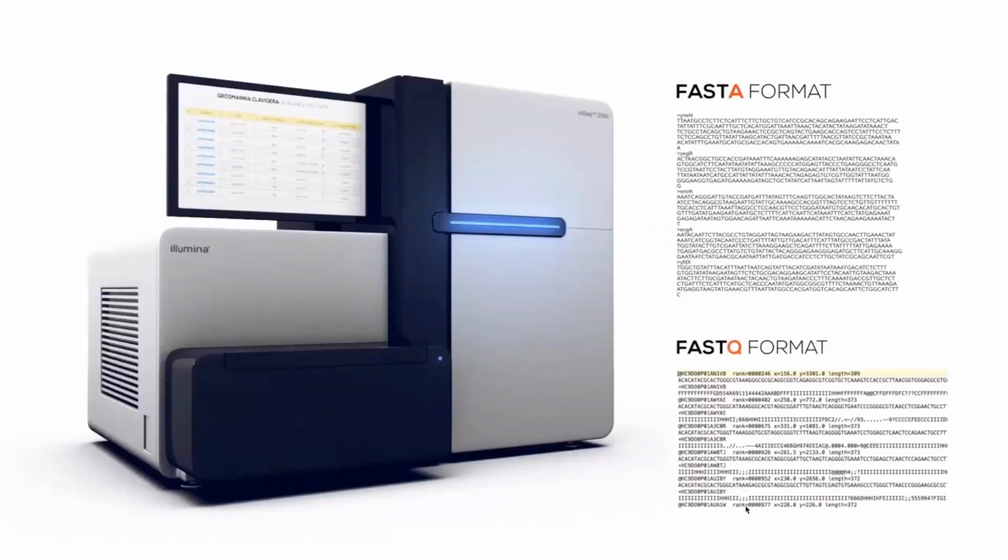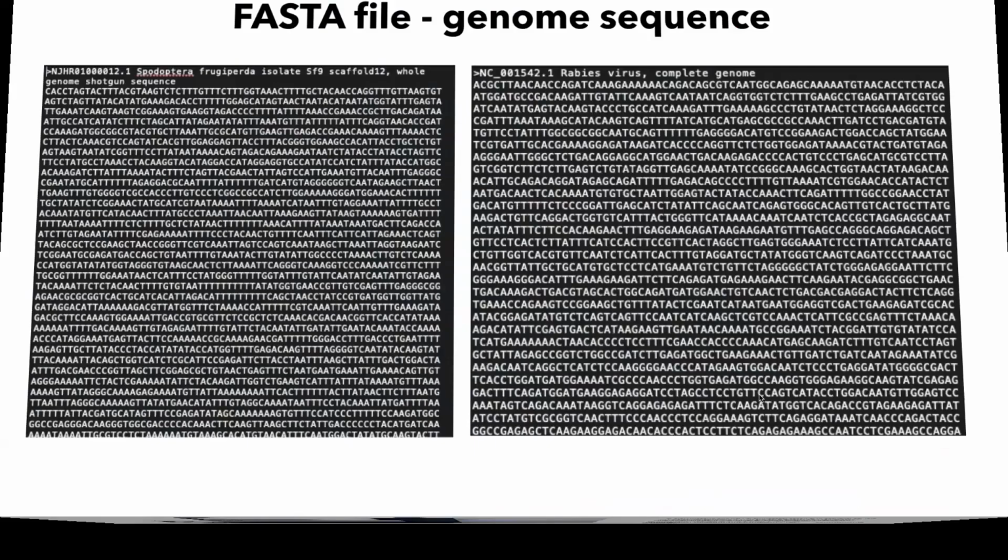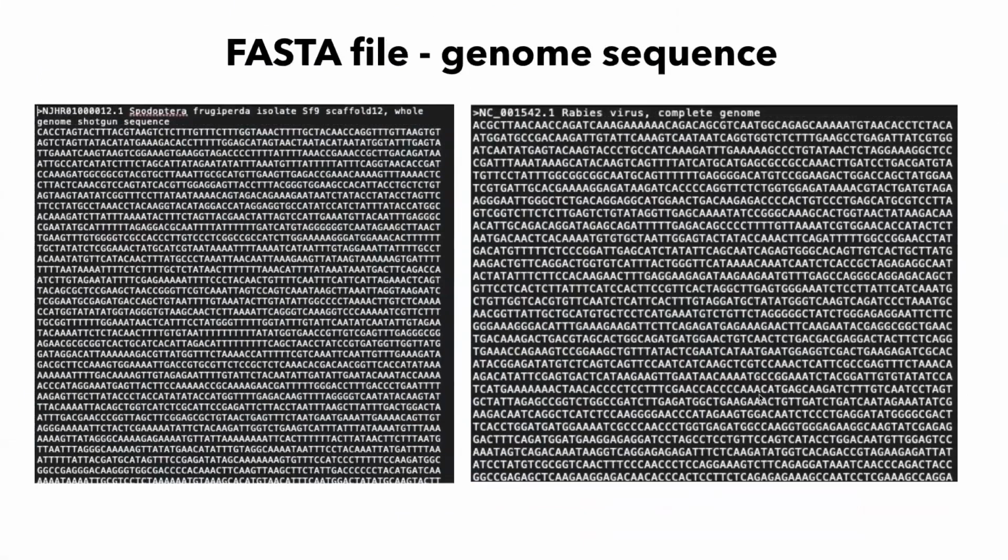The FASTQ format is essentially a very similar format where you have a sequence, but you also have information about the quality of that sequence. For example, the FASTA file will typically be where you store a reference genome. If you map onto something, you're mapping onto a reference genome, and that reference genome will typically be in FASTA format.